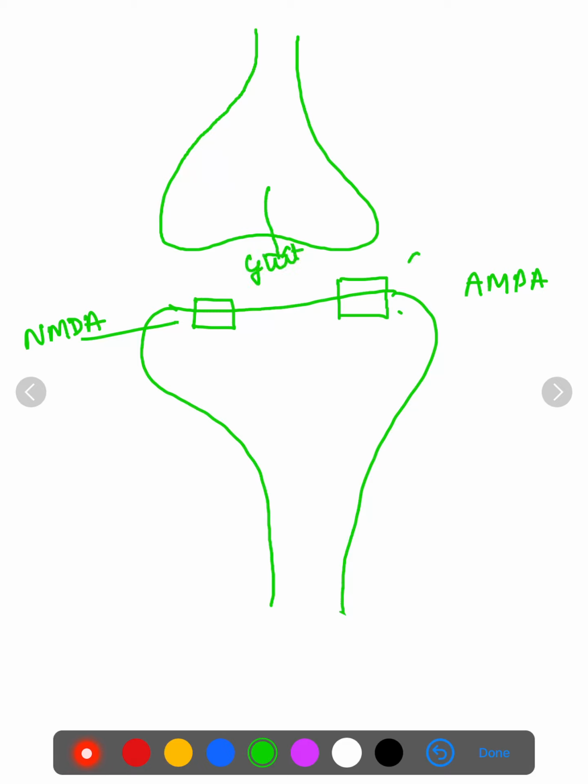Glutamate will come, then it will bind here, sodium will come. What will happen? Depolarization will occur.